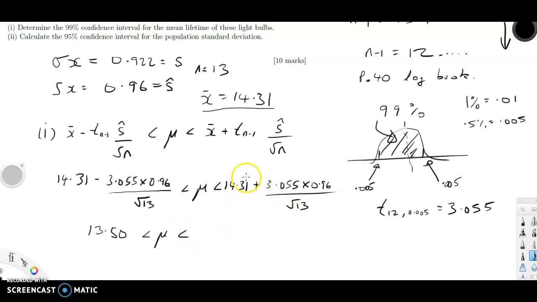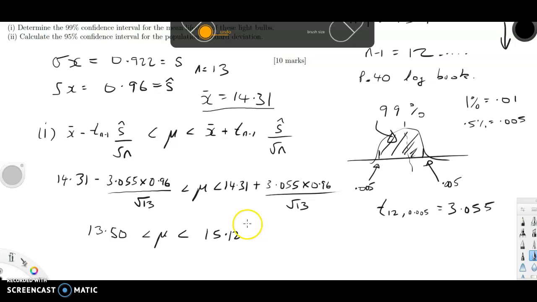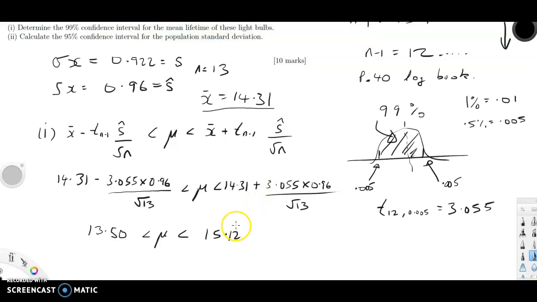And it's going to be less than, let's do it quickly here: I edit my last calculation and just stick in a plus instead of the minus, and I get 15.123. Round that to 2 decimal places and get 15.12.